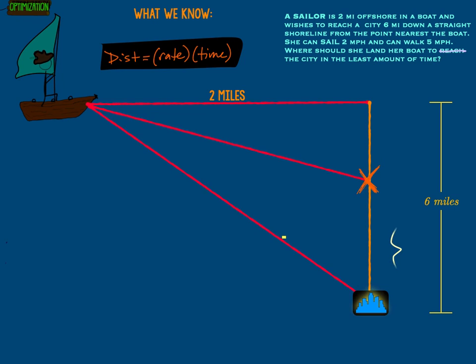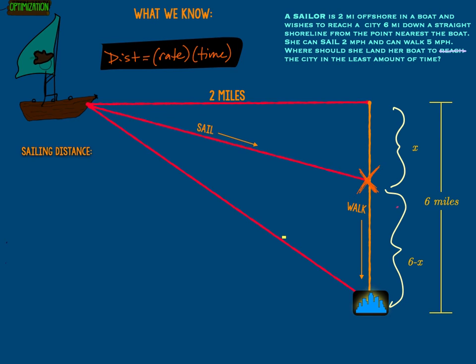And what that means is from the point where she lands to the city, we can call that 6 minus x. And from the point where she lands up to where it would be a straight shot into the land, that's going to be x. So that's how we can break up that 6 miles. So that line right in the middle there, that's where she's going to be sailing in, and then she's going to walk the rest down there.